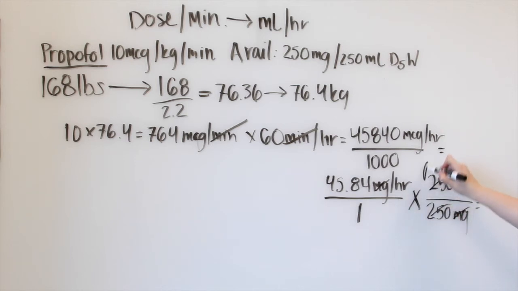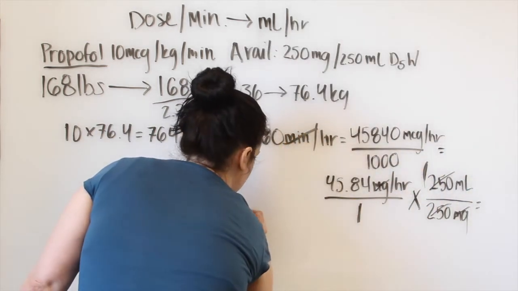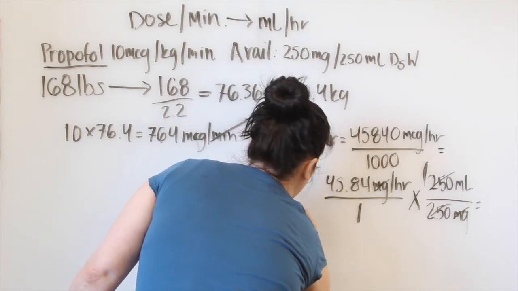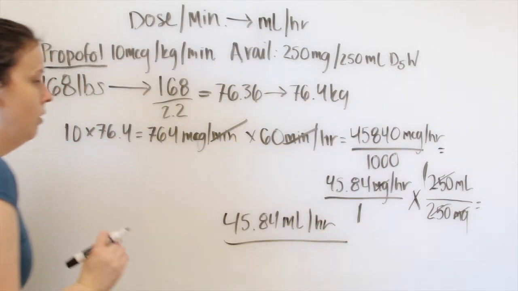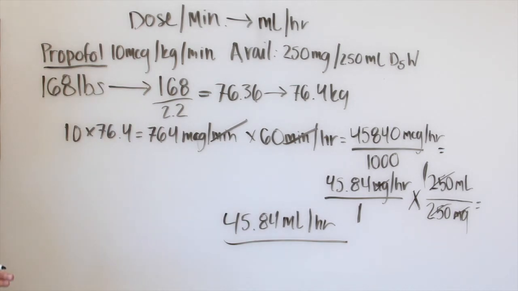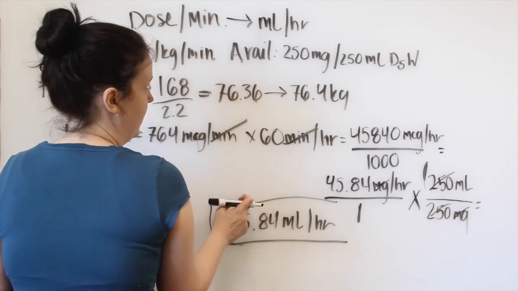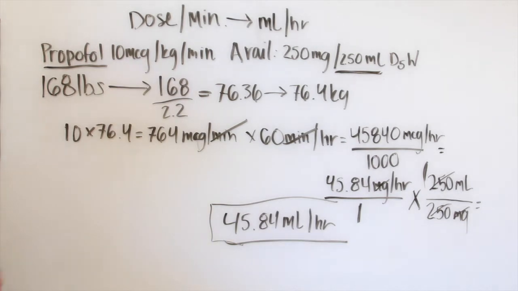This is 1. So basically you just multiply it by 1. So the answer is 45.84 milliliters per hour. So you can plug this in your pump as your rate, and 250 mLs is your volume to be infused. So you just plug that into your pump and you're good to go.